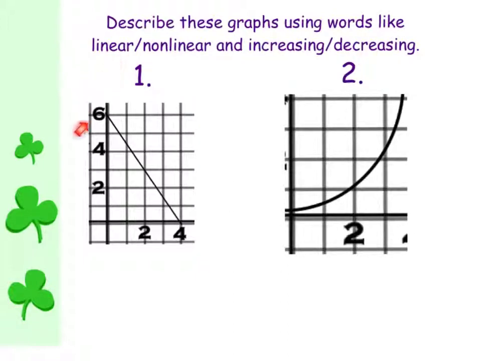So looking at this graph right here, we could say that it is linear because it's a straight line and decreasing because it is going down. So if you were to describe this, you would say it is linear decreasing.